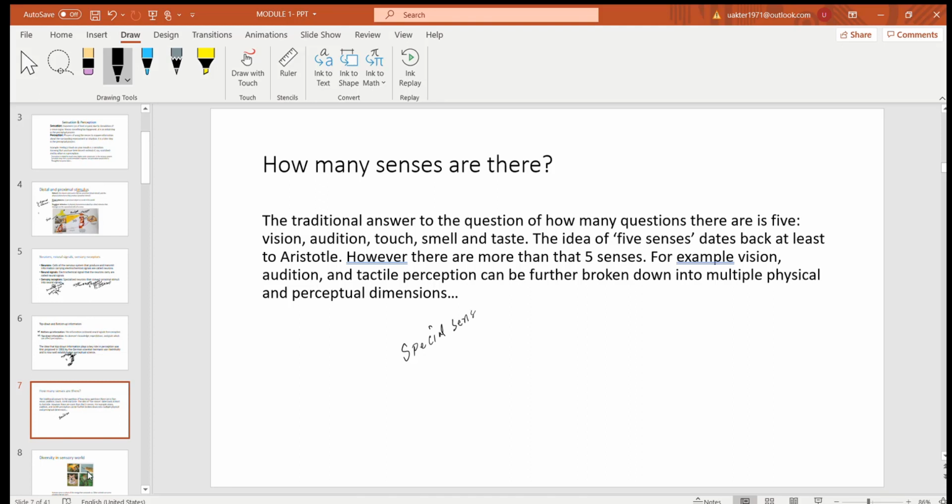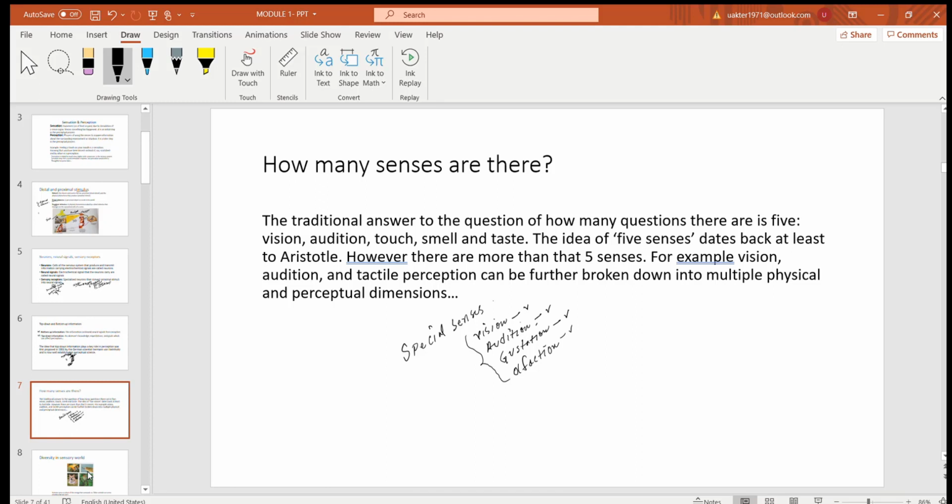Vision or sight, audition or hearing, gustation, taste, and olfaction or smell. And for each you have its own system. Visual system processes vision, auditory system processes audition or hearing, sound, gustatory system processes taste, and olfactory system processes the smell.